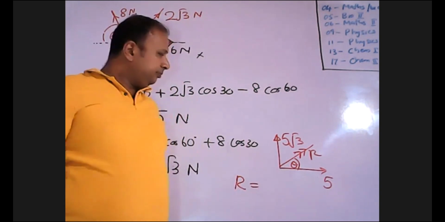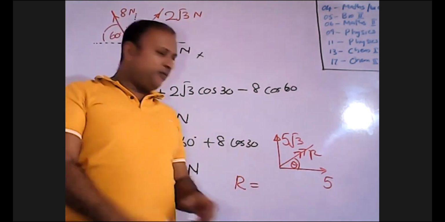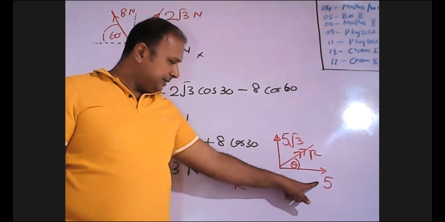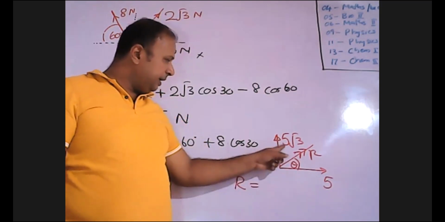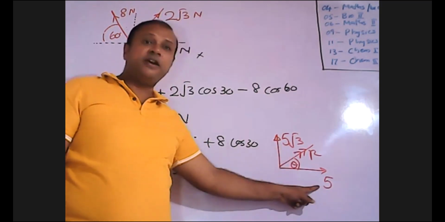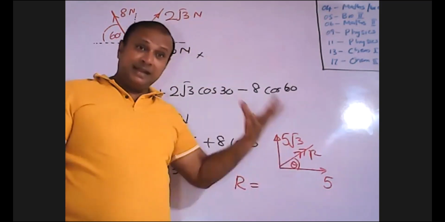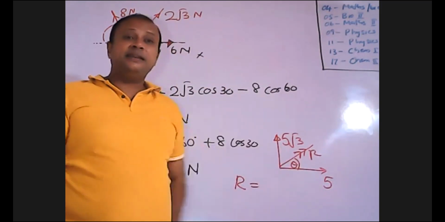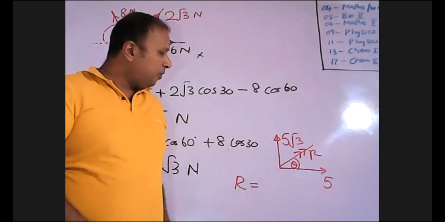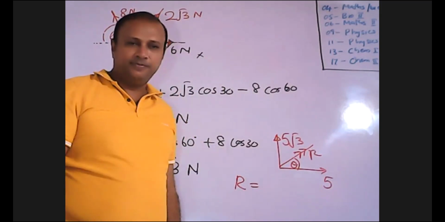If you want to take the value of R, look at this. 5 is common for these two forces. If you square and then again take the square root, you will again have 5.